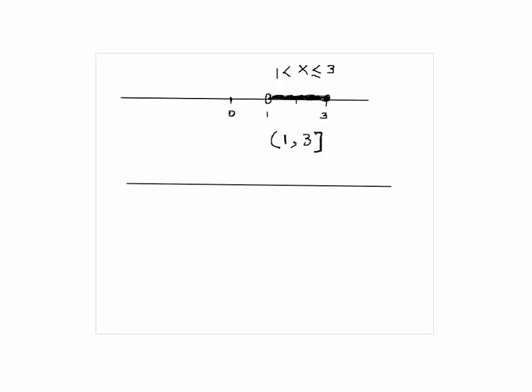Okay, good. So let's take a look at another one. Let's say I have 2 here. Let's say we want to know all the numbers that are to the right of 2. Let's include this 2. Let's say all the numbers that are greater or equal to 2.